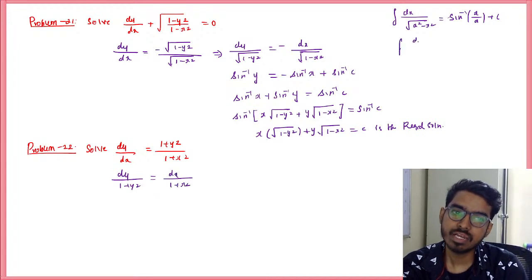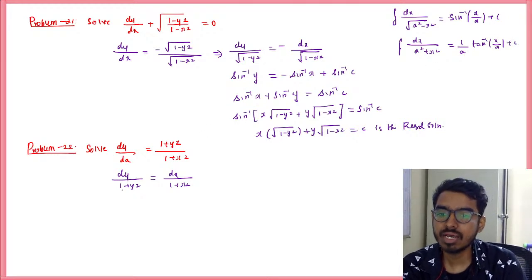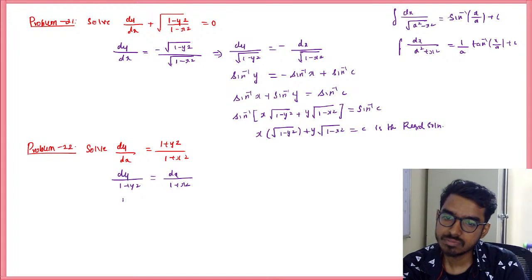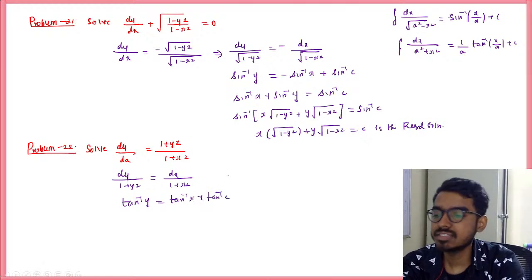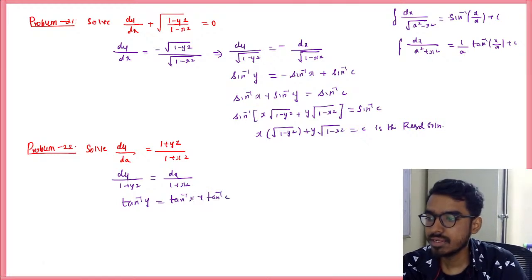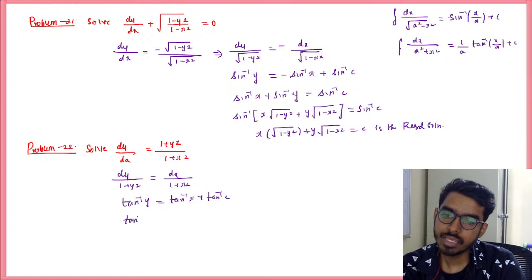And we know integration of dx by a square plus x square is 1 by a tan inverse x by a plus c. I've given you all the formulas. This is nothing but tan inverse of y, and this is tan inverse of x. Just add constant c, right? This is tan inverse of y minus tan inverse of x is equal to tan inverse of c.